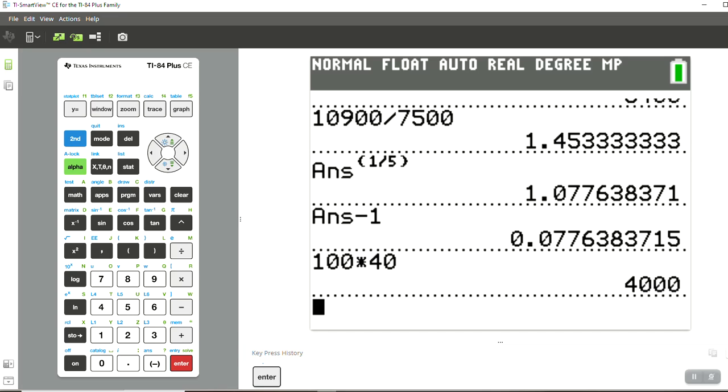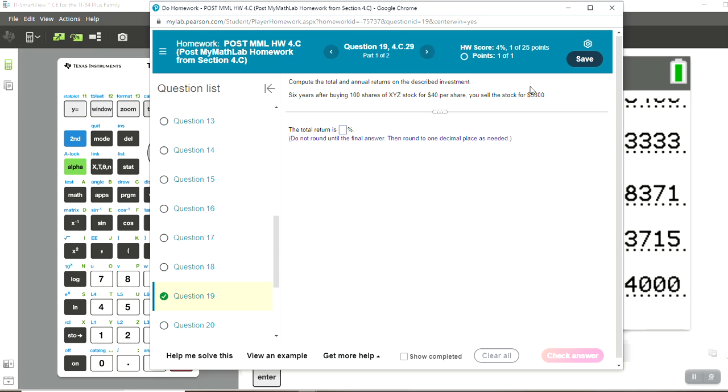You spent $4,000 for that stock, but you sold it at 5,800. So to find the total return, you need to find out what amount you earned over the course of buying it and selling it. That's the difference between 5,800 and 4,000 divided by the 4,000 you paid for it.